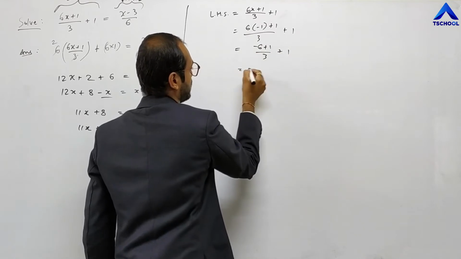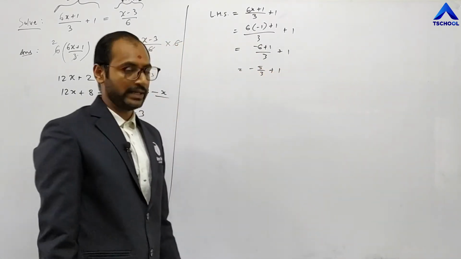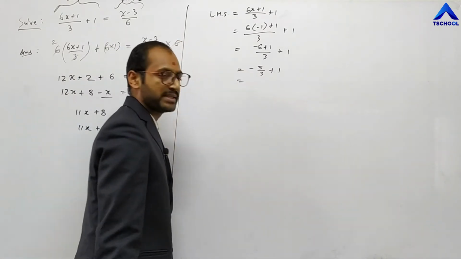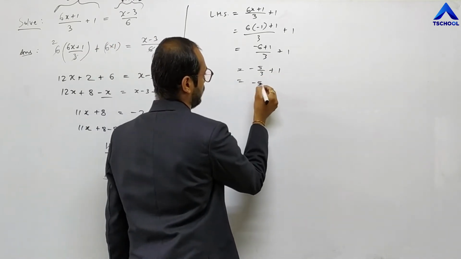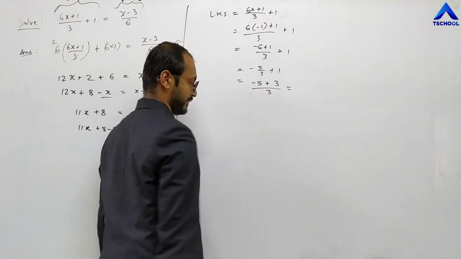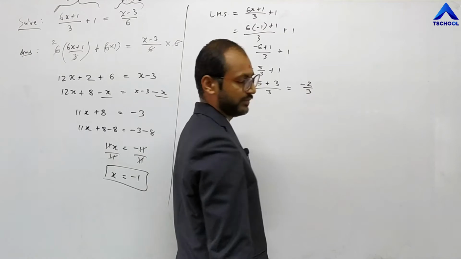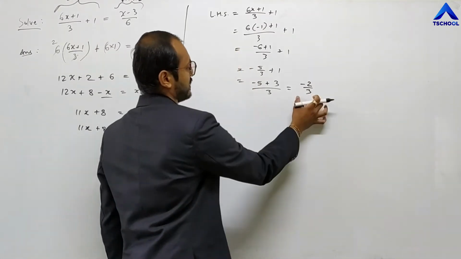What is the simplification? Minus 5 by 3 plus 1. Now let me take the LCM. Here LCM is 3. So minus 5 plus 3 divided by 3. Here minus 5 plus 3 gives minus 2 by 3. So this is the LHS.